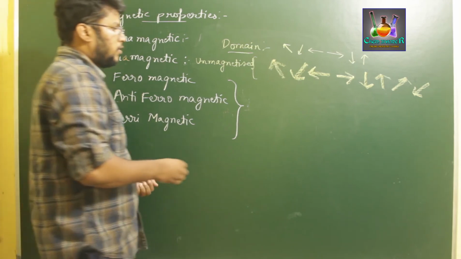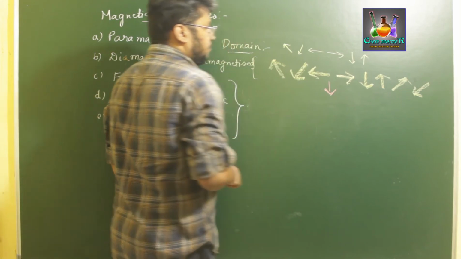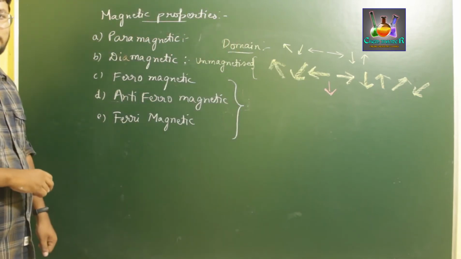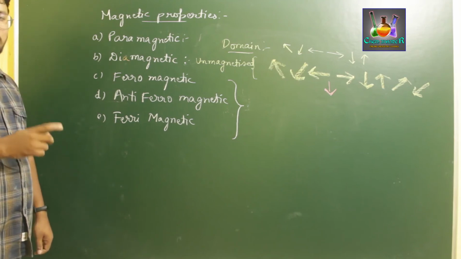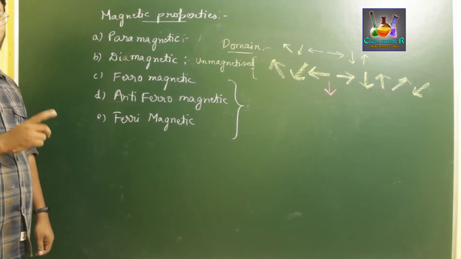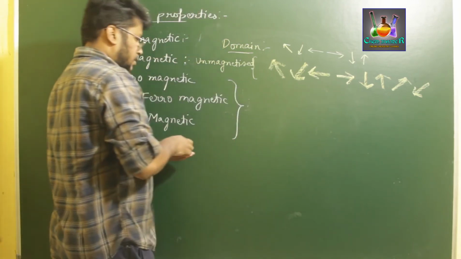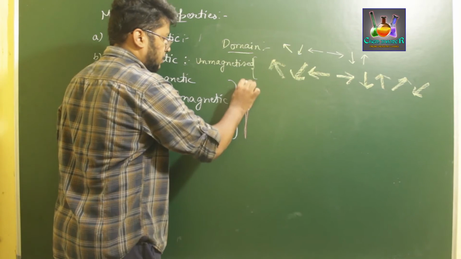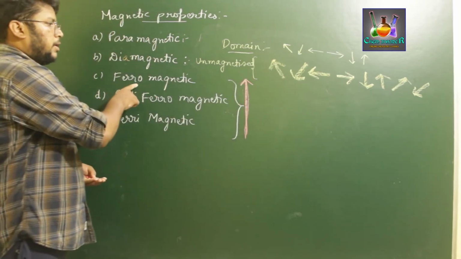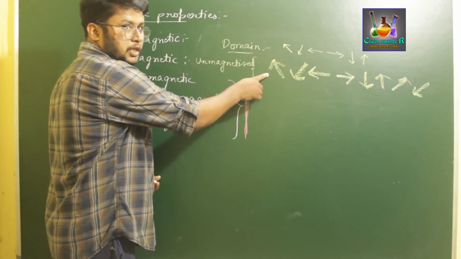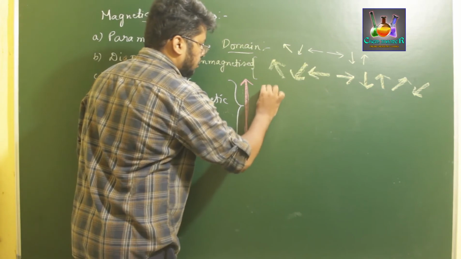So first, for ferromagnetic, if you are applying a magnetic field to the domains of unmagnetized electrons, ferromagnetic substances align themselves in the direction of the applied magnetic field. So if this is the applied magnetic field direction, ferromagnetic domains which are in the unmagnetized condition, once magnetized, get themselves aligned in this pattern.